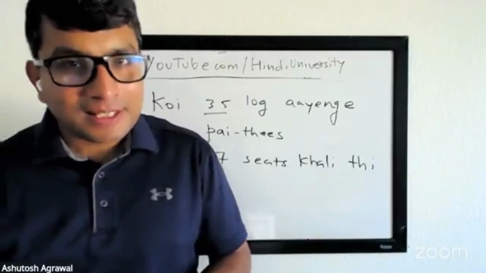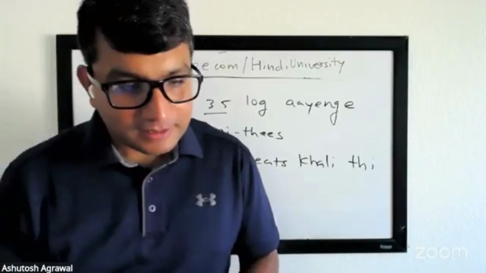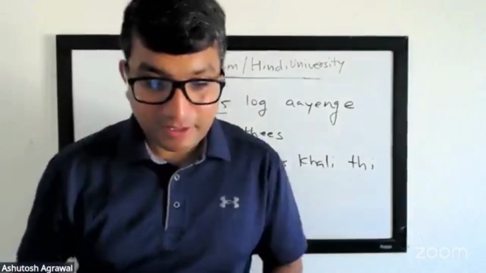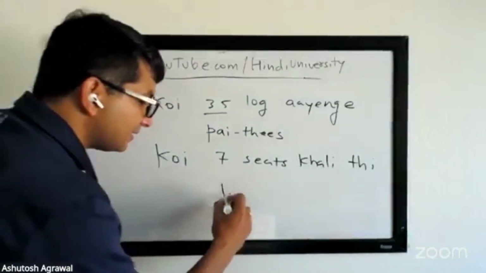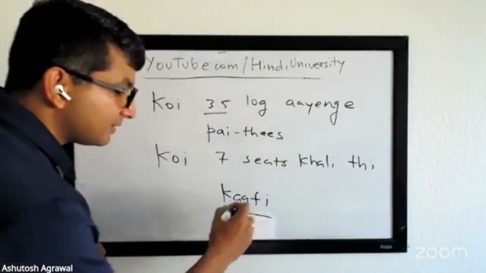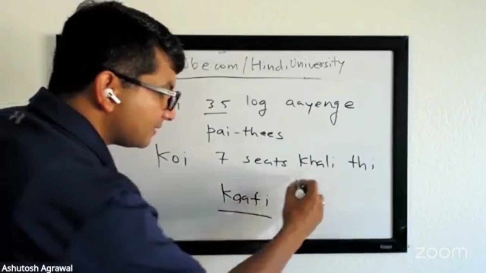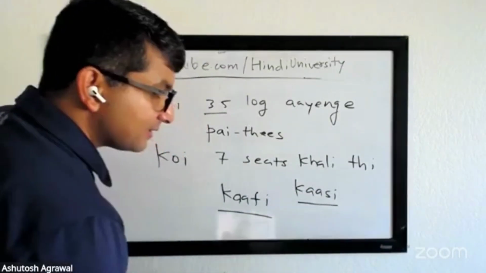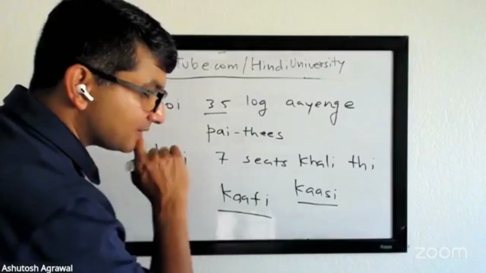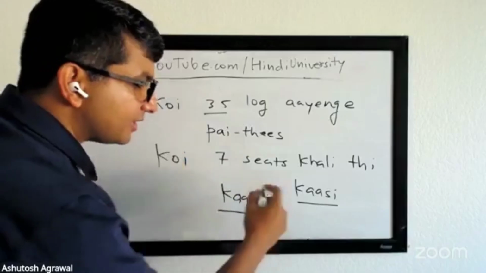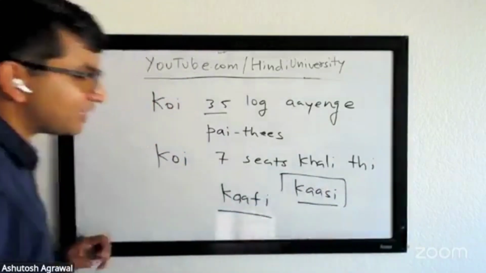Ashutosh ji, I recall from a prior class, kasi is about. K-A. Yes. Like this kasi? No, with an S. Kasi. No? Maybe I'm misremembering. Do you remember in which context we may have used it?